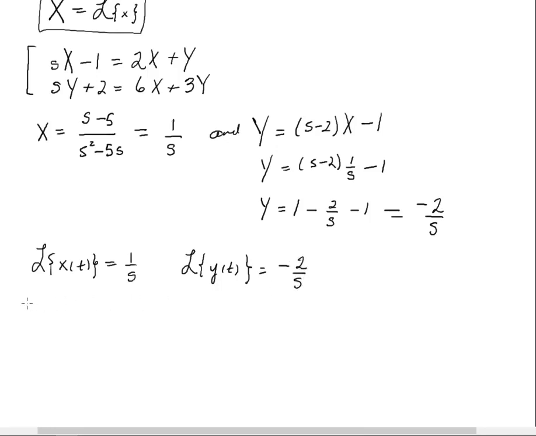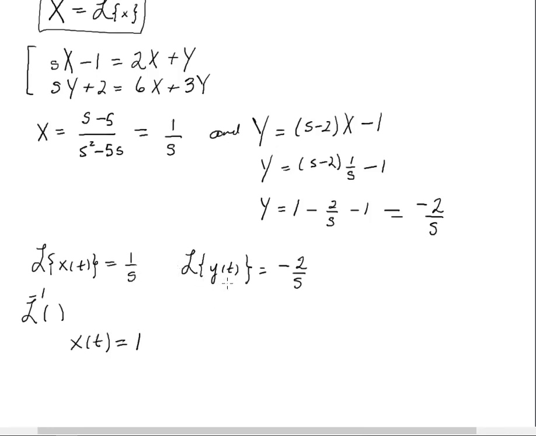And so applying the inverse Laplace, we find that x of t is equal to 1, just the constant. Remember, the first Laplace we looked at was the Laplace of the constant function x of t equal 1, and its Laplace was 1 over s.